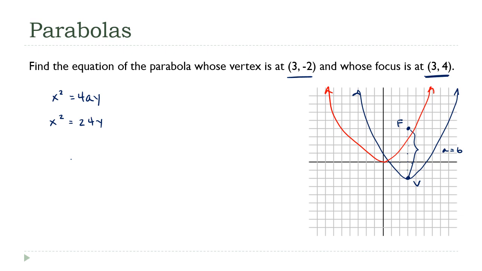So I'm going to replace the x with x minus 3. Oops, not plus. Equals 24. And I need it to go, where's my vertex? 2 units down. So I'm going to replace the y with y plus 2. And that's it. There's my equation.